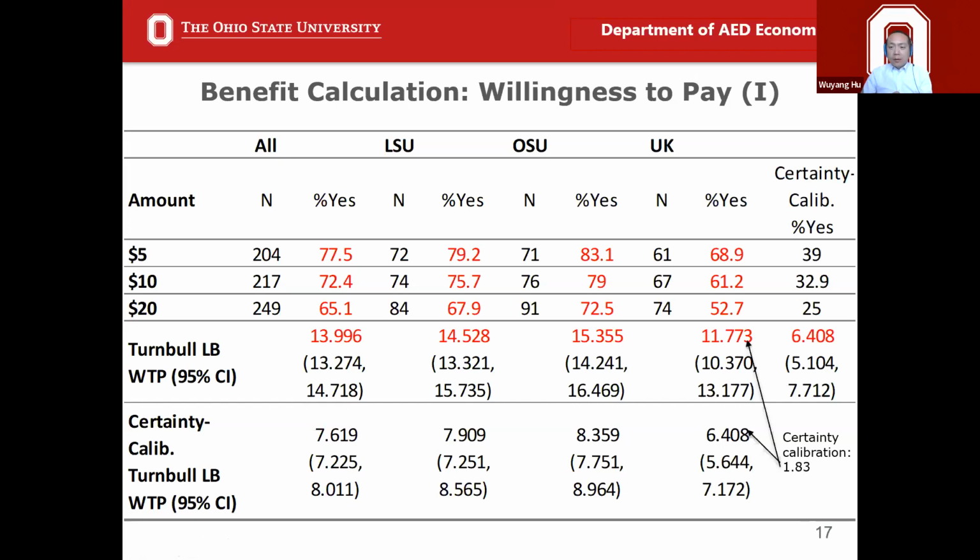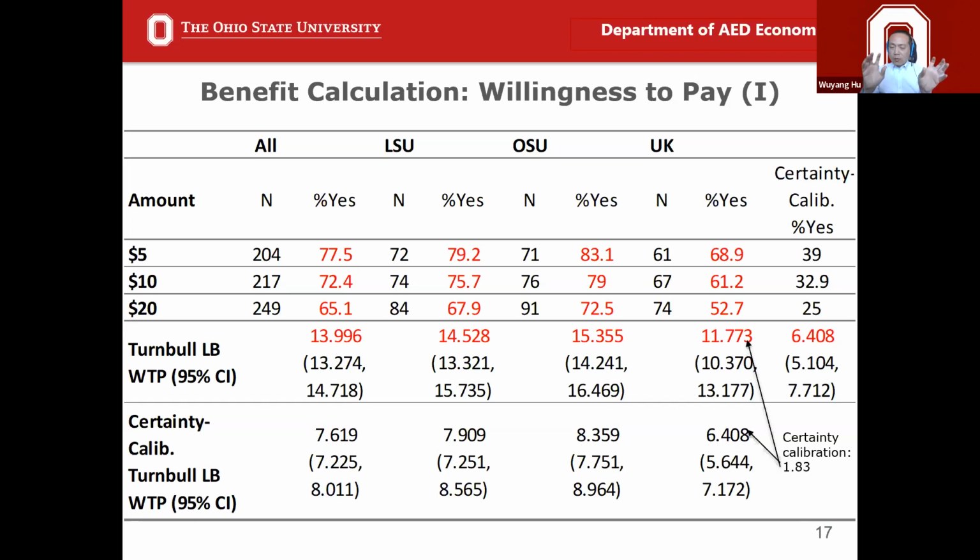So there is a layer of people getting overly optimistic about their willingness to engage in this. So we follow up that yes or no question with a certainty question, basically asking people, are you sure about your decision that you just agreed or disagreed with, whatever the dollar value we presented there? If people say they're not sure, we're going to recode those people as no, as a disagreement.